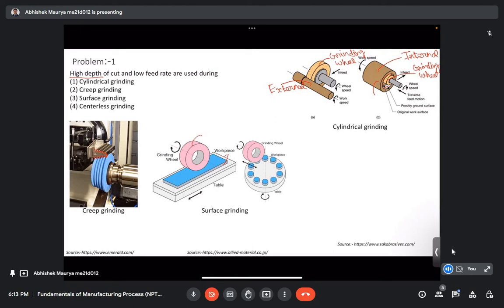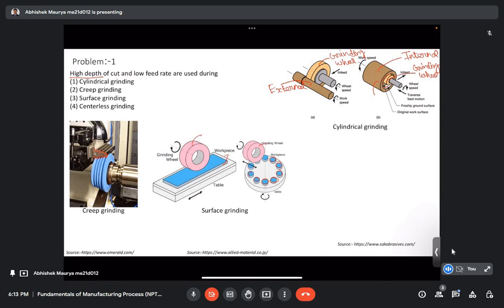Similarly, there is another configuration. Here we have a grinding wheel like this, and there are many. These are the surfaces which we are trying to improve the surface finish of. So here we are improving the surface finish of the top surface of the workpiece. So that is called the surface grinding.